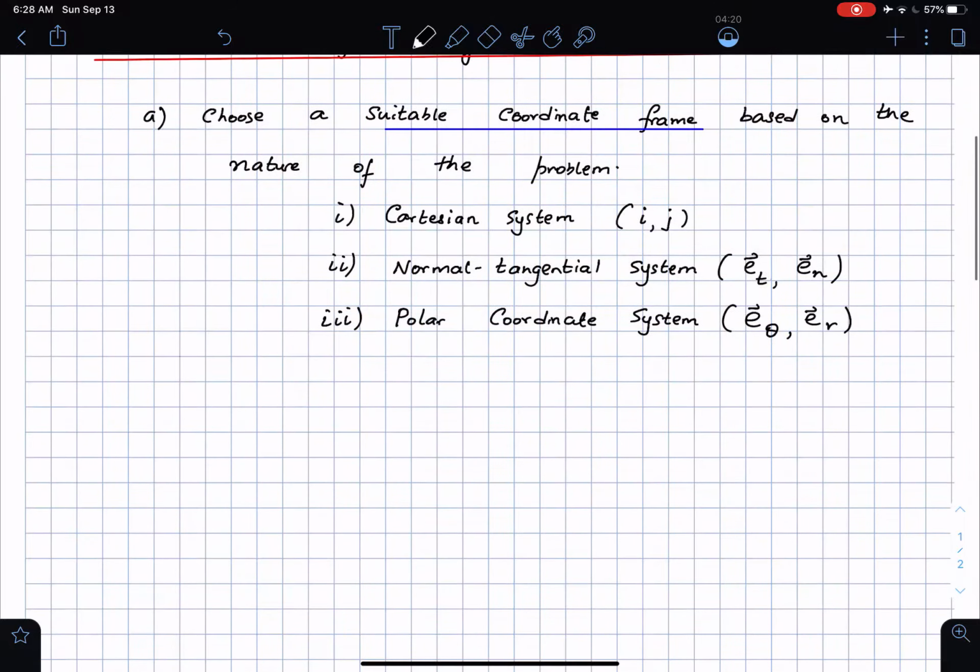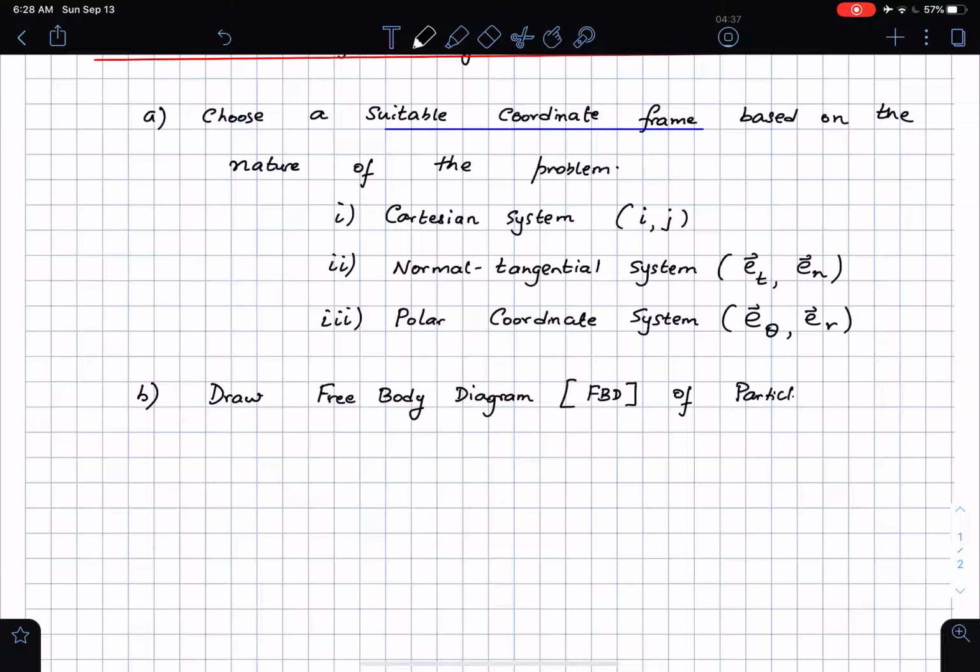The second step is to draw a free body diagram, or the FBD, of the particle. This is something that you have encountered in statics.